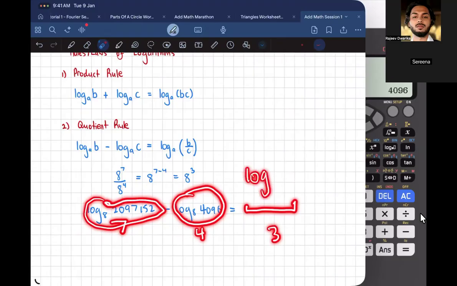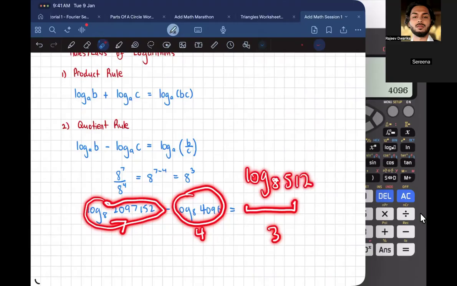Well, I would write log base 8, and I would write 8 to the power 7 divided by 8 to the power 4. So Serena, in a calculator, I want you to put 8 to the power 7 divided by 8 to the power 4, and tell me what number you get. I got 512.